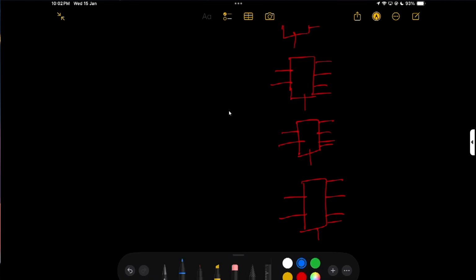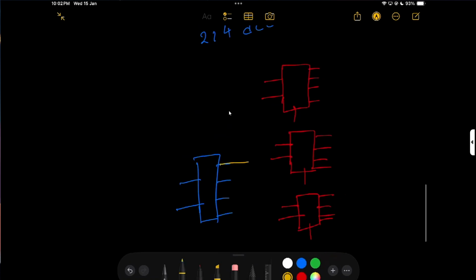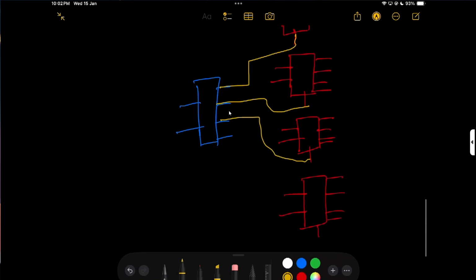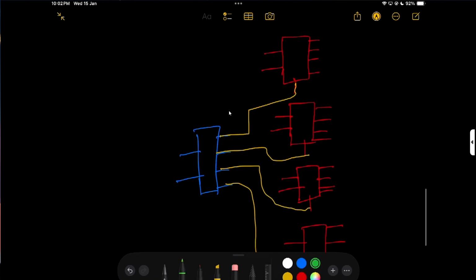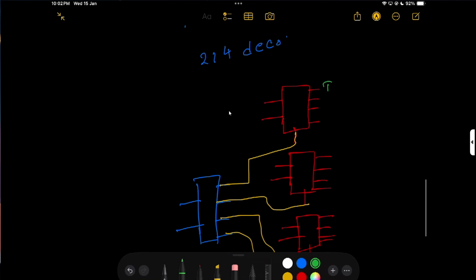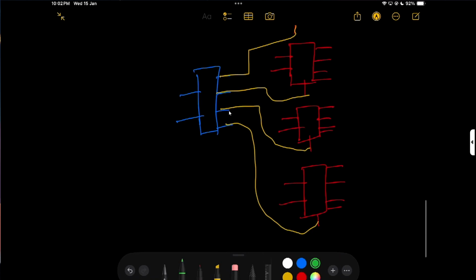Now here is another 2 is to 4 decoder with 4 outputs, and this enable goes to here, this enable goes to here, and so on, up to the last output Y15.